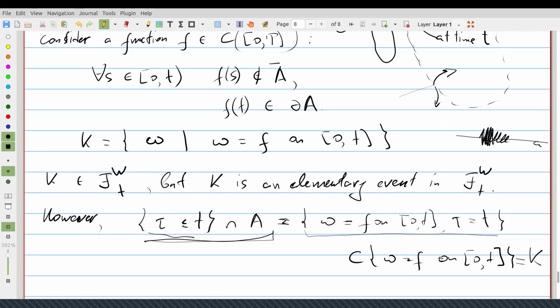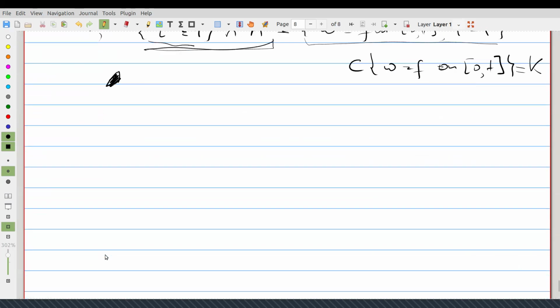And this is actually true, but to work in this direction, we need some additional constructions.